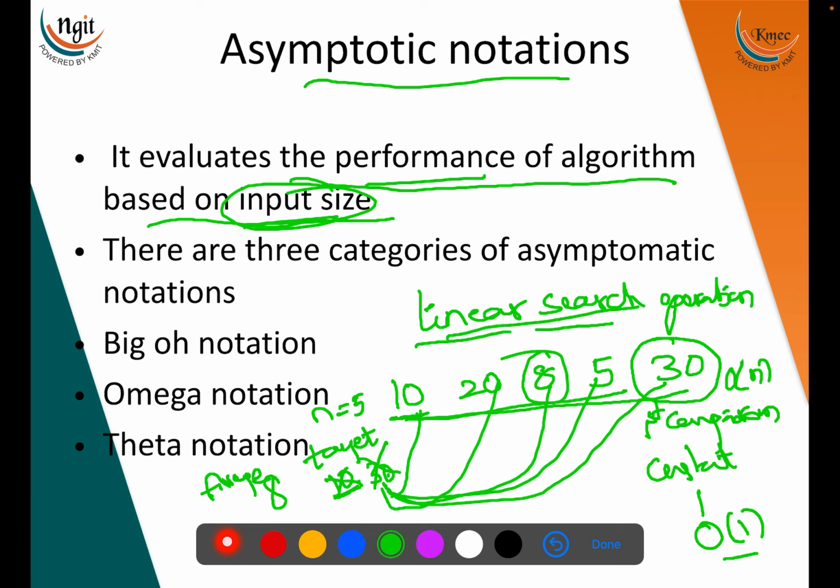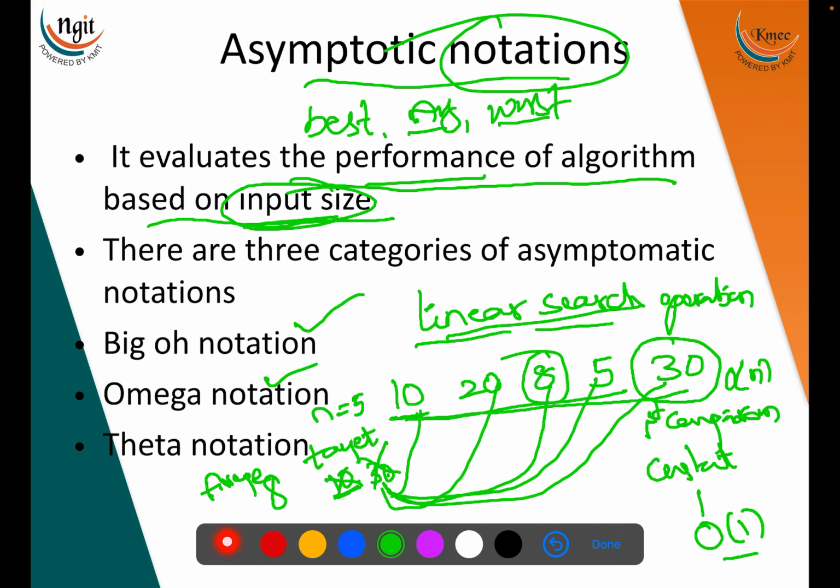When you take some algorithm, the performance of the algorithm is best case, average case and worst case. So to show best, average and worst, we need a notation. That notation is what? Big O notation, omega notation, theta notation.